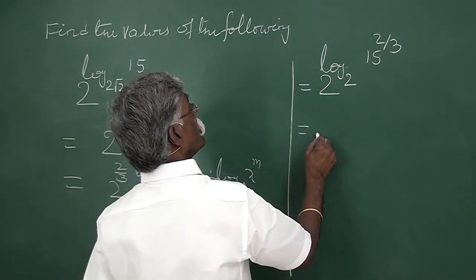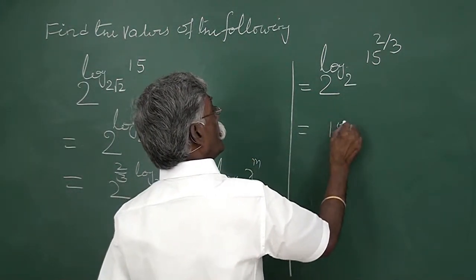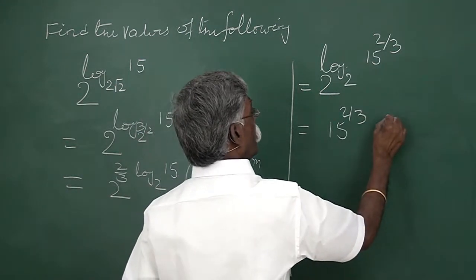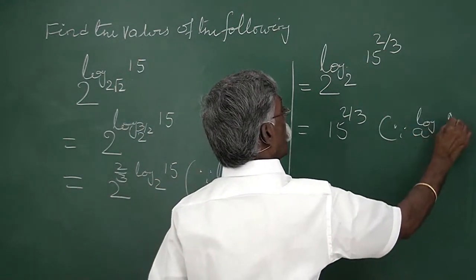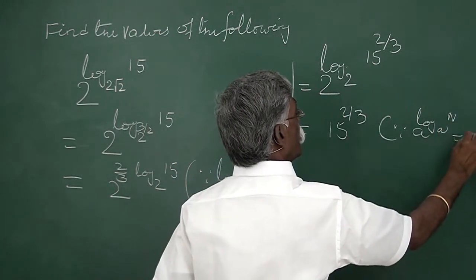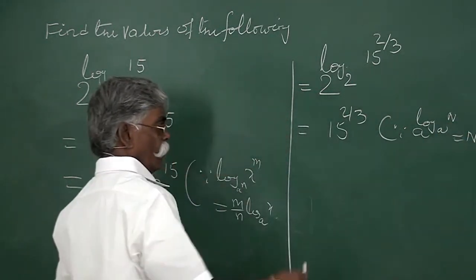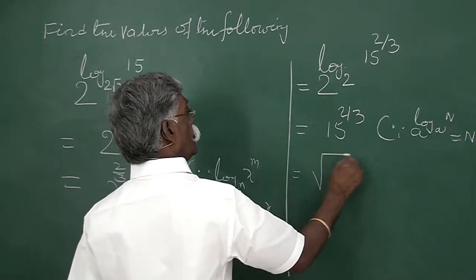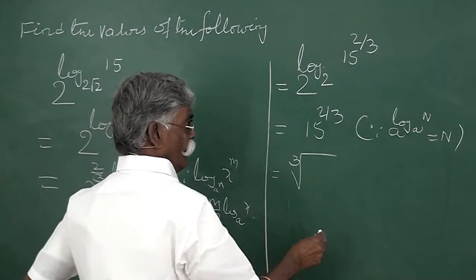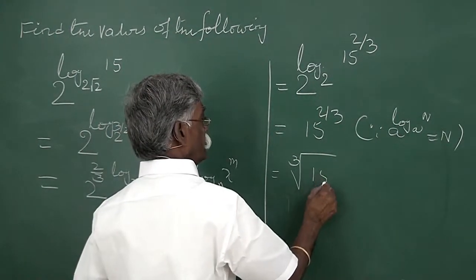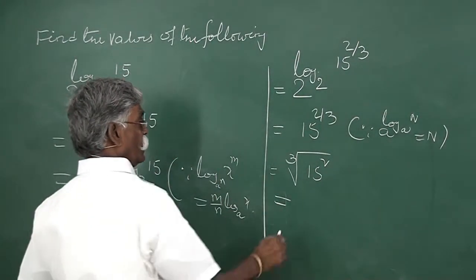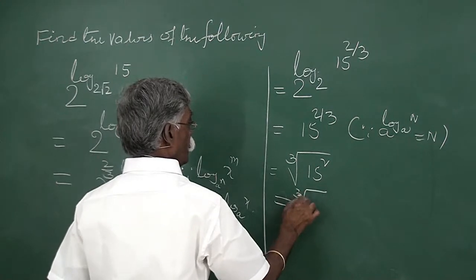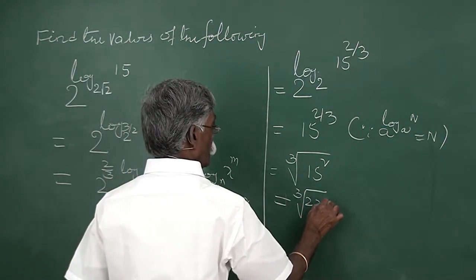So therefore this is 15 to the power 2 by 3, since a power log n to the base a is equal to n. So therefore this is nothing but cube root of 15 square. So therefore it is cube root of 225.